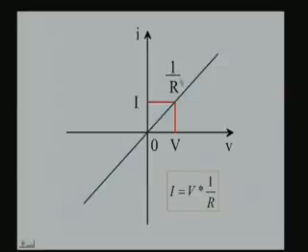At this point we see that voltage gets multiplied by the slope 1 by R and results in the current. So you have the voltage multiplied by 1 by R resulting in this current.